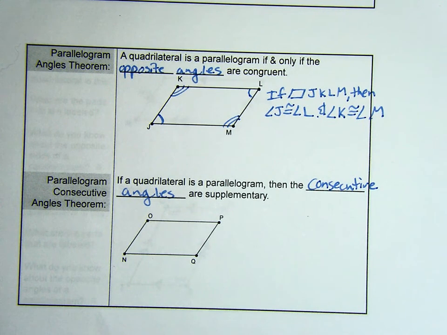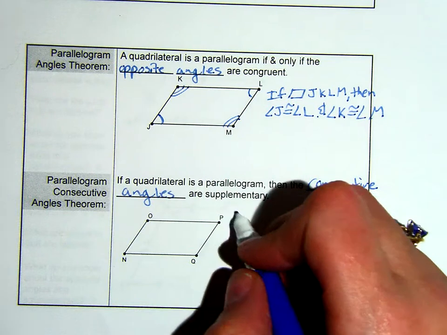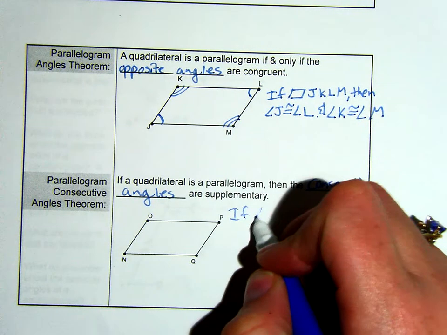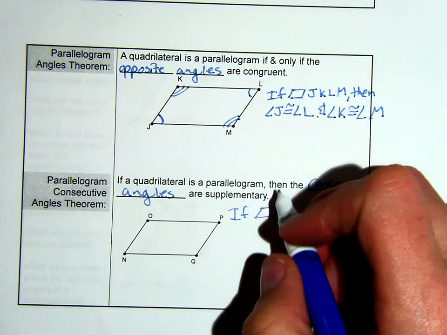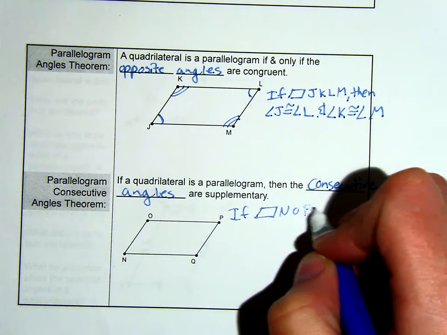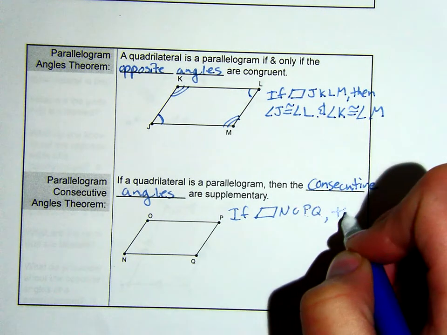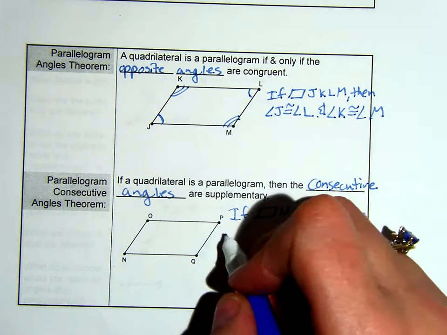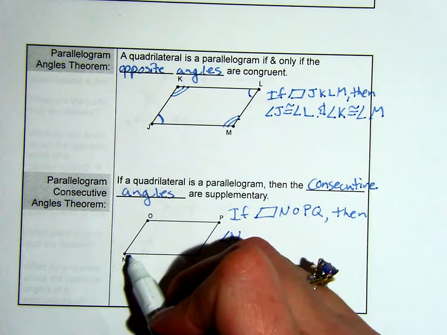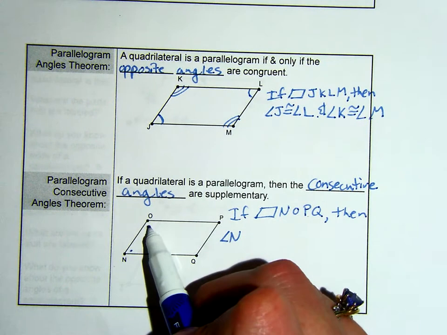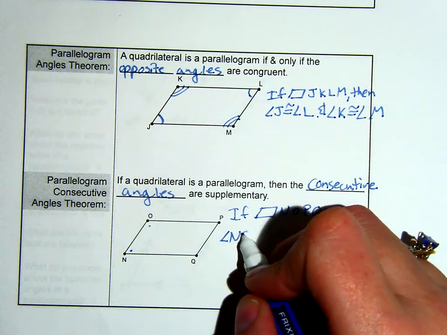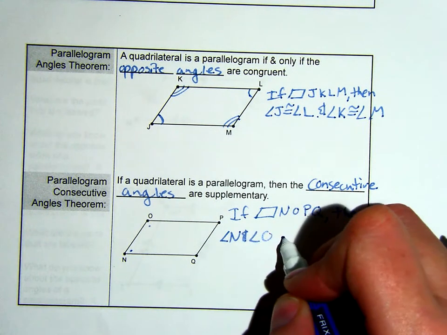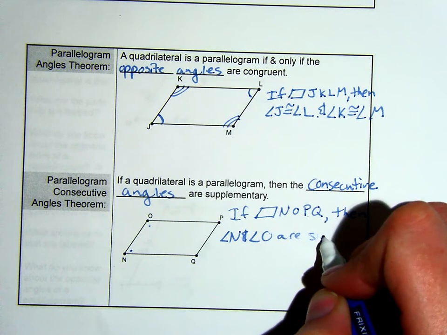Consecutive means in a row. So if we have parallelogram NOPQ, then angle N, its consecutive angle is angle O. So angle N and angle O are supplementary.